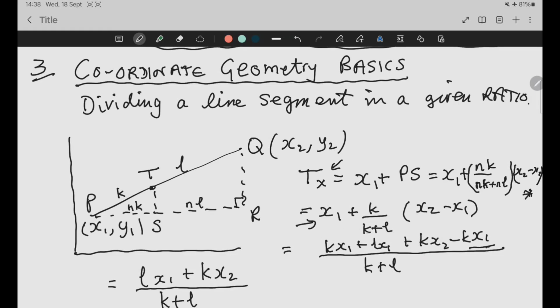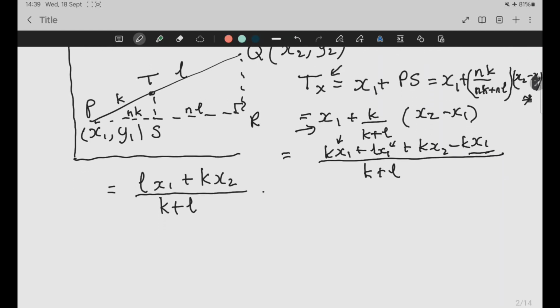So I've had to multiply k by x1, which gives me this term, and also l by x1, which gave me that term, and then k times x2 minus k times x1. Now, the k times x1s conveniently cancel out, so that leaves us with lx1 plus kx2 over k plus l, and that completes the bit for the x-coordinate.